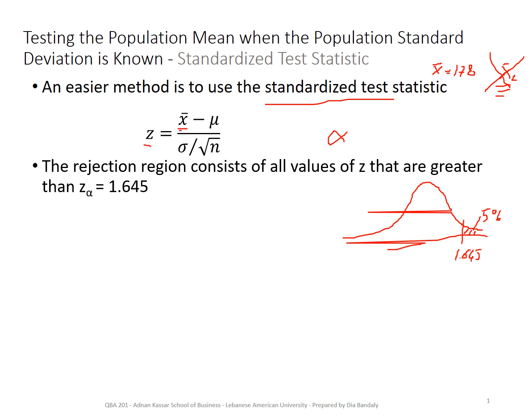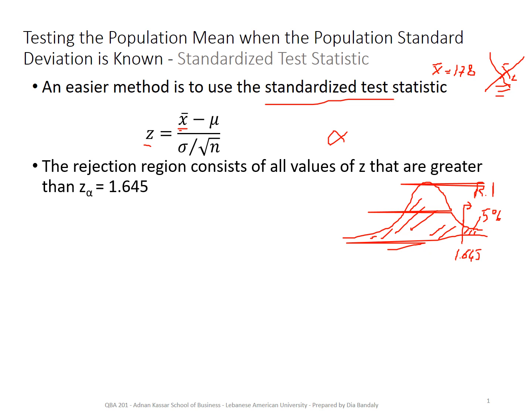We looked in the Z table for an area equal to 95%, which is the complement of the 5%. So this is my critical value that I'm going to compare any Z value or any test statistic to. In other words, the 1.645 is the value that now determines my rejection region.